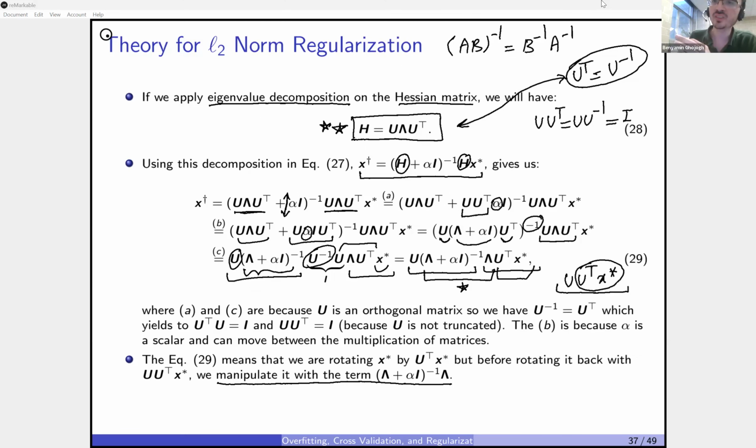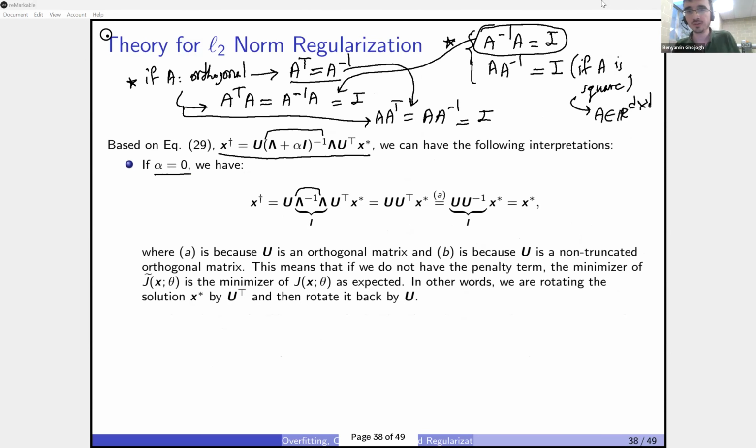If I use all of its columns, it means that I haven't truncated it. Therefore, both UU transpose and U transpose U equal I. However, if I select some of its columns and get rid of some, U transpose U is I, but UU transpose is not I anymore. That's one. In parentheses, I said something about linear algebra, which I thought is important.